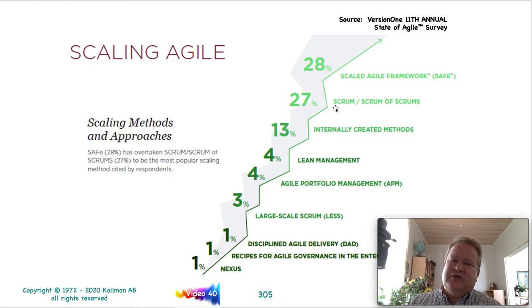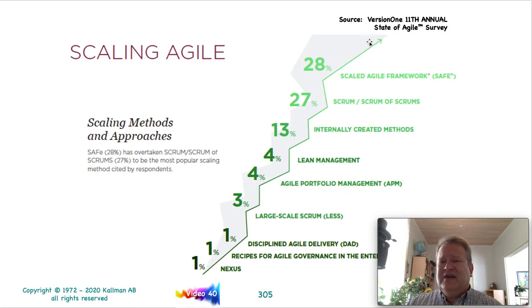But I wouldn't even put that on the list because that just tells me people don't know what they're doing. Internally created methods, lean management, agile portfolio, you just see the percentages diving exponentially downwards. Large scale Scrum is around 3% in this one.